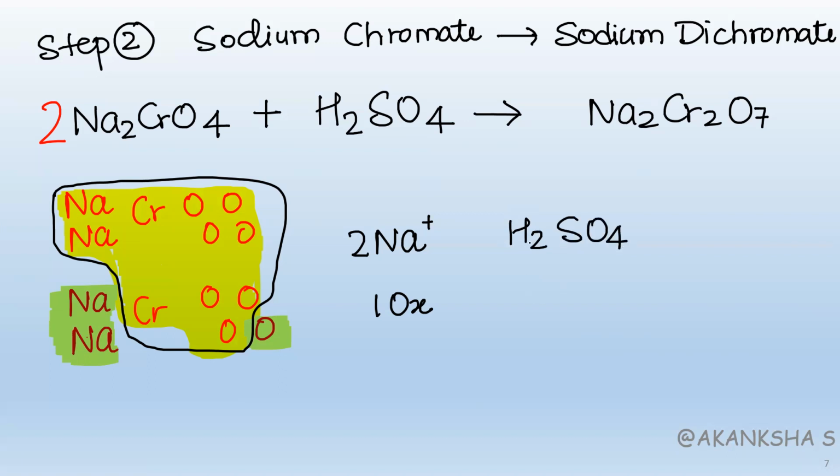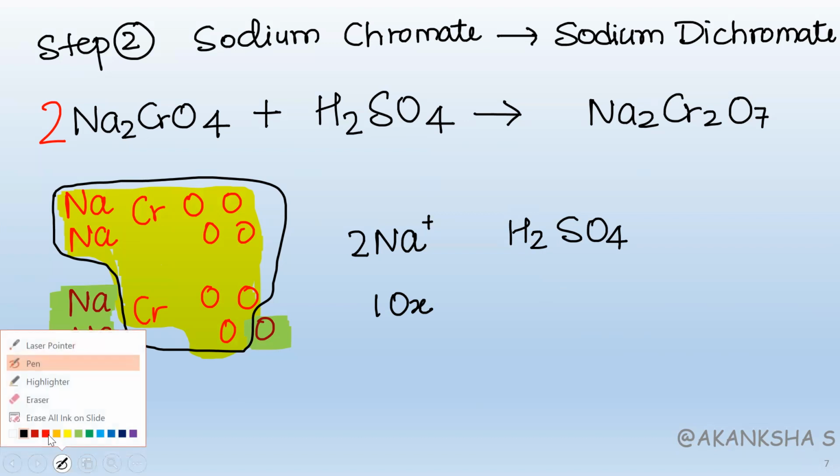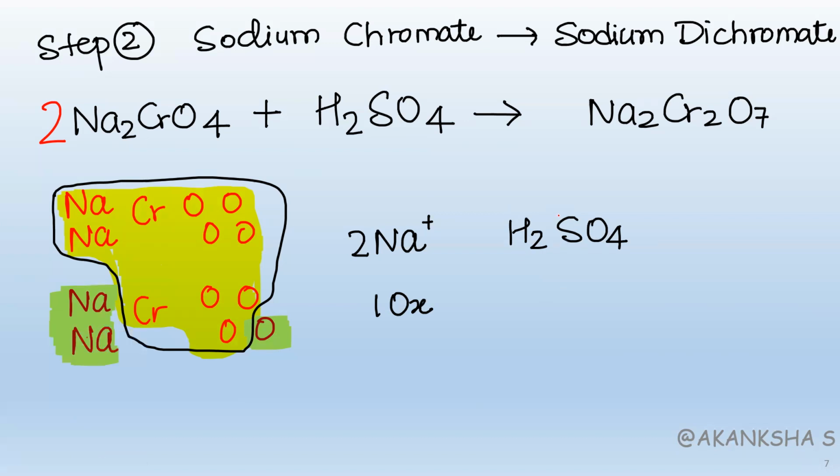Those who know this simple logic might be able to resonate that hydrogen is less reactive than sodium, meaning sodium is placed above hydrogen in metal reactivity series. Under that condition, sodium is able to replace hydrogen from its compound. Okay, so this separates out as 2H+ and SO4. Sulfate always carries a charge of 2 minus.